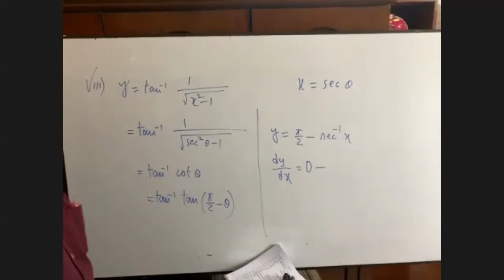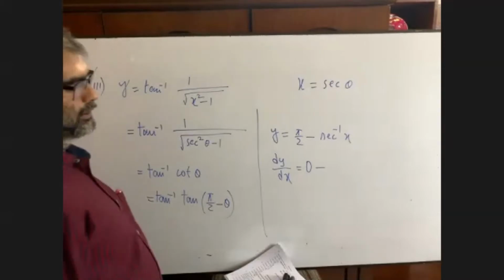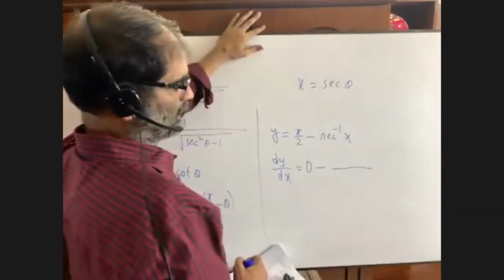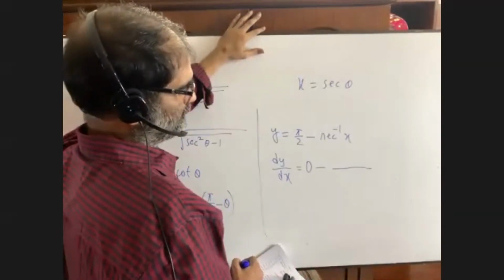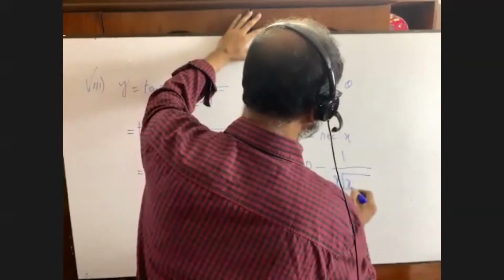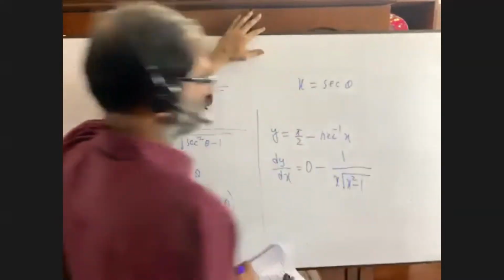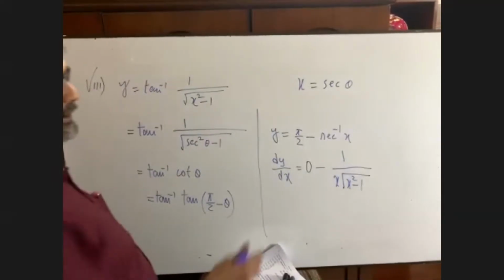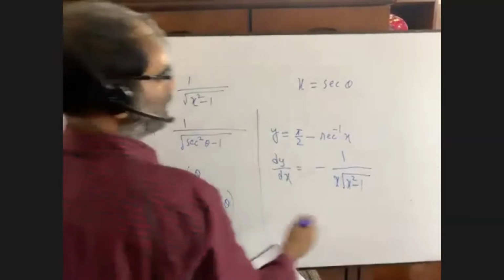It is 1 by x root x square minus 1. So dy by dx is 0 minus that, 1 by x root x square minus 1. So we have got this answer.